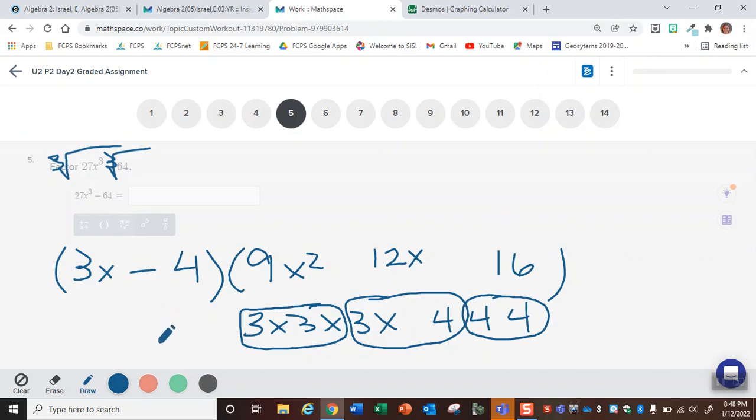All right, and then I'm going to do my SOAP. Same, negative, negative, opposite. So the opposite of negative is positive, and then always positive. So that would be plus. So these are the two factors of 27x cubed minus 64.